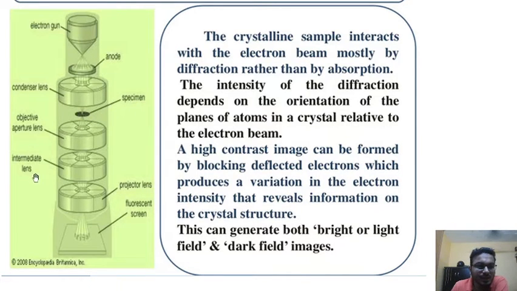After that we have one more lens, known as the intermediate lens, and after that the projector lens. At the bottom we have a fluorescent screen. So there are a total of 4 lenses present in this entire arrangement. First is the condenser lens, then in between we have the specimen, after that the objective aperture lens, then the intermediate lens, and the last one is the projector lens.